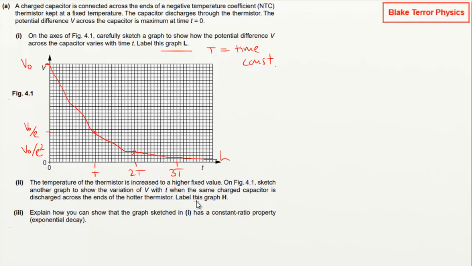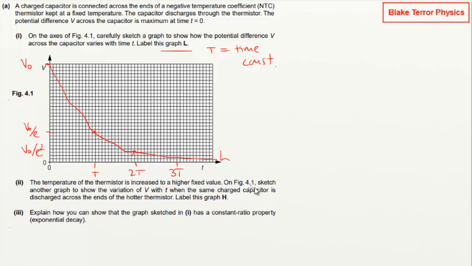The temperature of the thermistor is increased to a higher fixed value, so its resistance would have dropped. On figure 4.1, sketch another graph to show the variation of V with t when the same charged capacitor is discharged across the ends of the hotter thermistor.